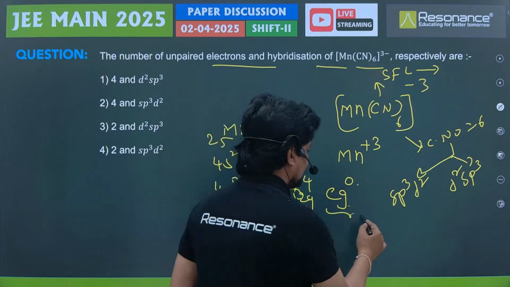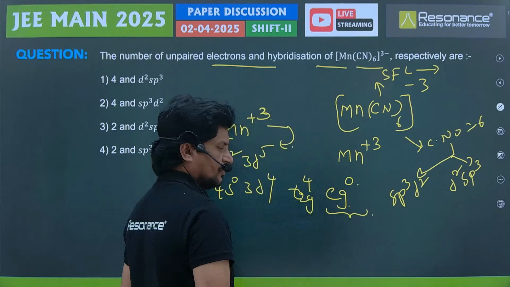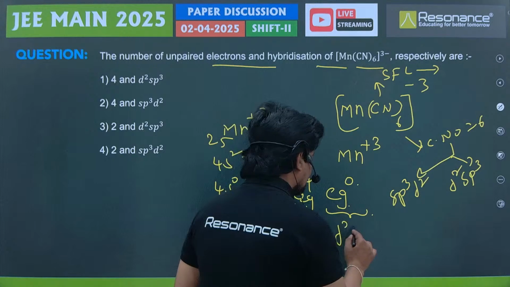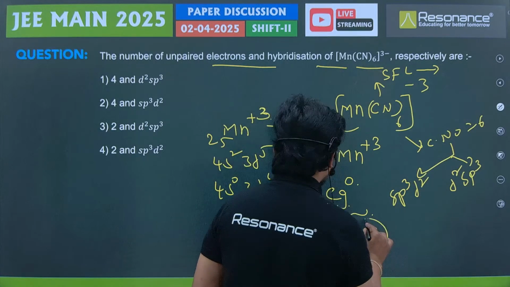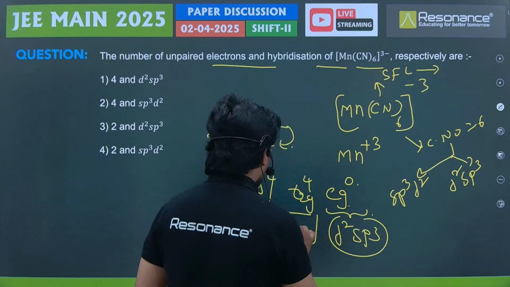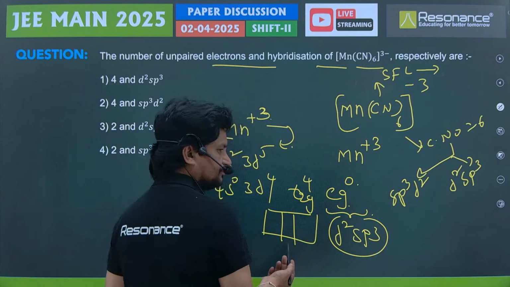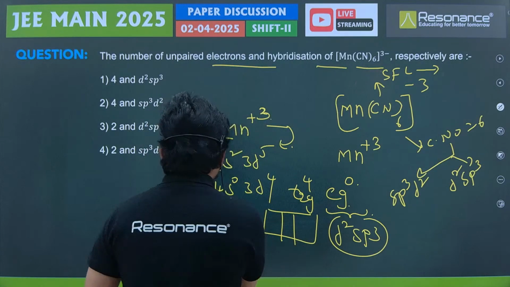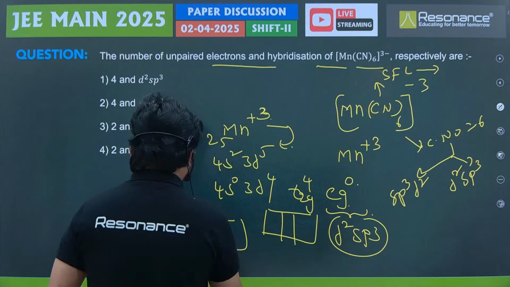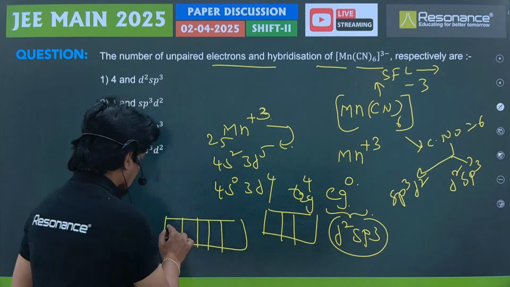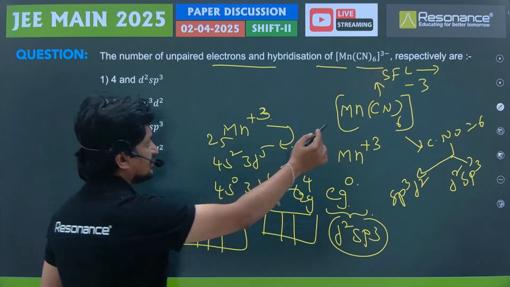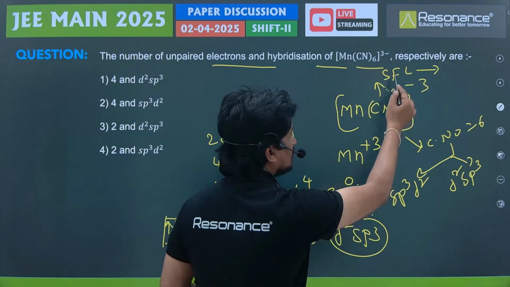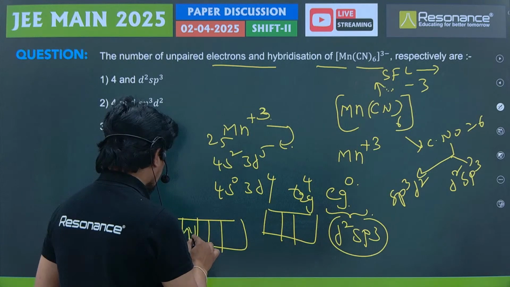This eg is vacant. Then an inner orbital complex is formed, d2sp3 hybridization. In t2g4, pairing takes place here, because we have a strong field ligand. Four electrons are in the t2g set.